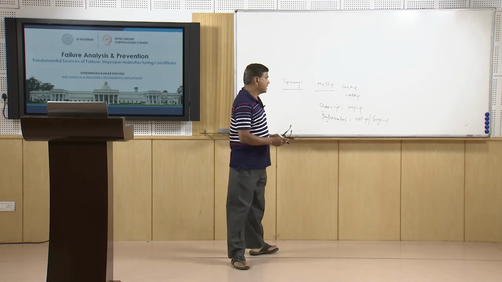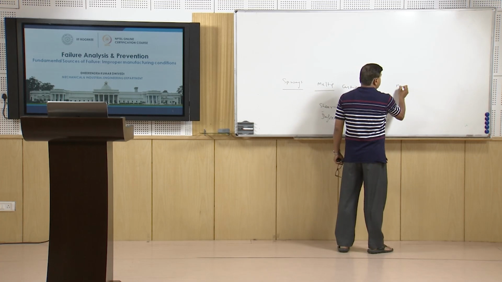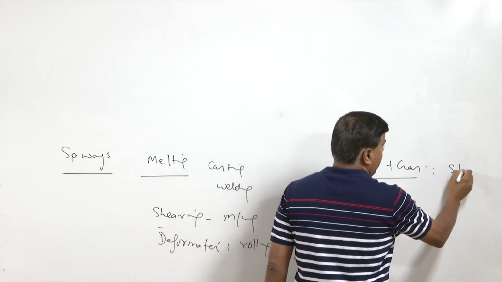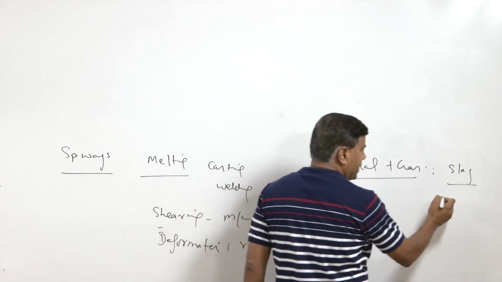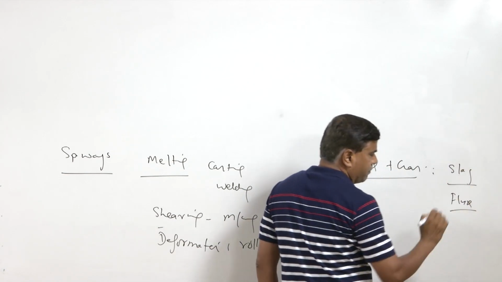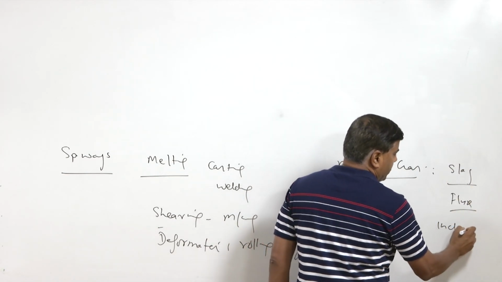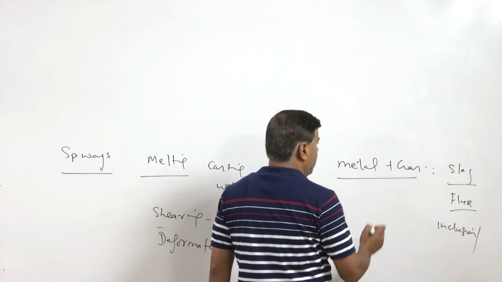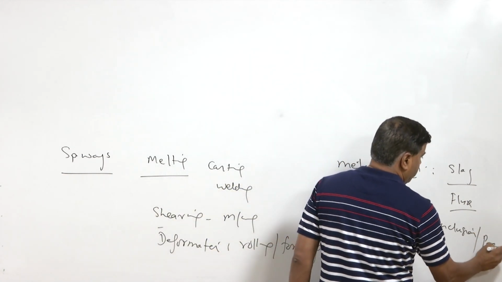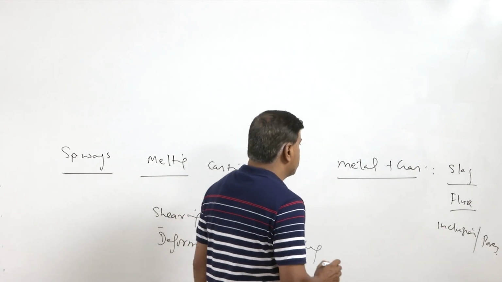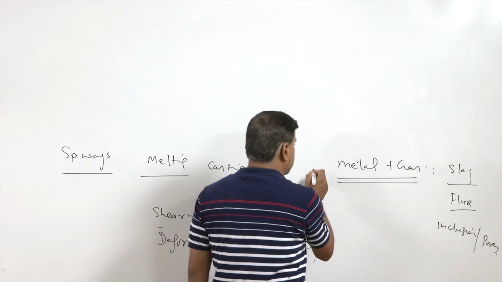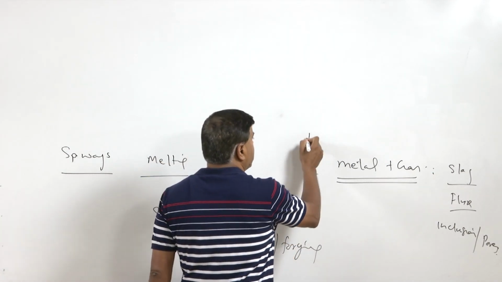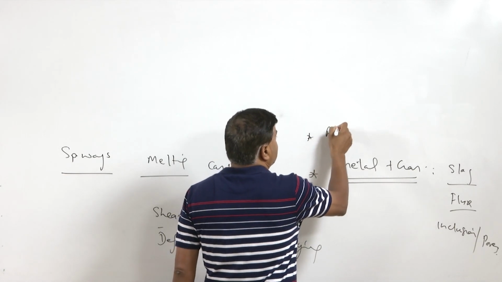So, these atmospheric gases interact with the metal and form slag, and sometimes the slag is taken care of by using flux, but if it is not properly removed, then it leads to the presence of inclusions, slag inclusions, flux inclusions, etc. It can also lead to the presence of pores. So, this is about the metal and gas interactions, and this tendency becomes too high at a higher temperature. Another thing which happens in the case of casting is the alloy segregation tendency.